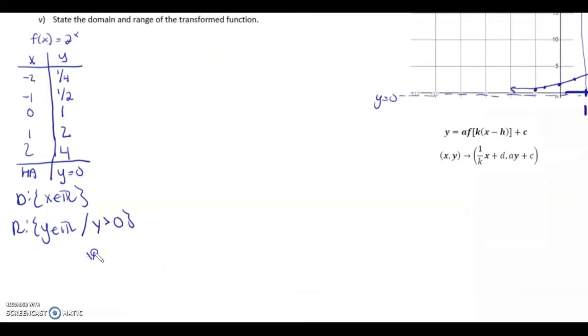It's either going to be y is greater than or y is less than, depending on if your graph goes up or if it's reflected. If there's a reflection in the x-axis, it's going to go down, so it's going to be less than. And then this is our value from the horizontal asymptote. So it's just a general rule.